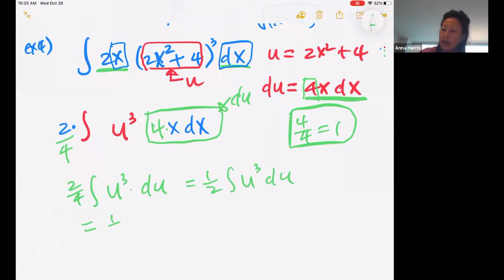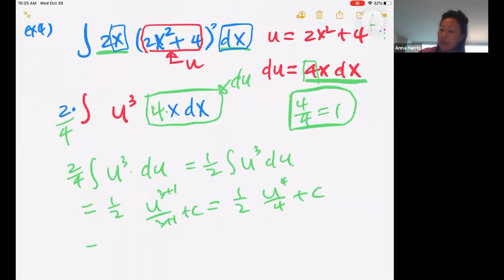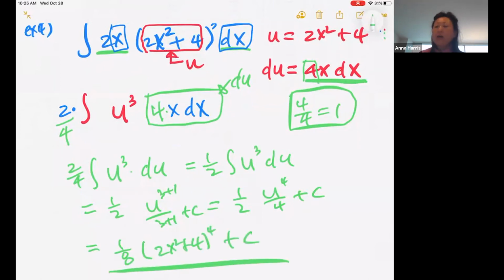That's equal to 1/2 u to the 3 plus 1 divided by 3 plus 1 plus c, which is the same as 1/2 u to the 4 divided by 4 plus c, which is the same as 1/8 u, and u is 2x squared plus 4, to the 4 plus c. So you're done.